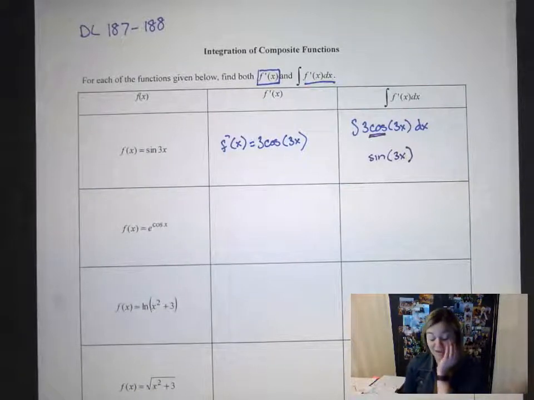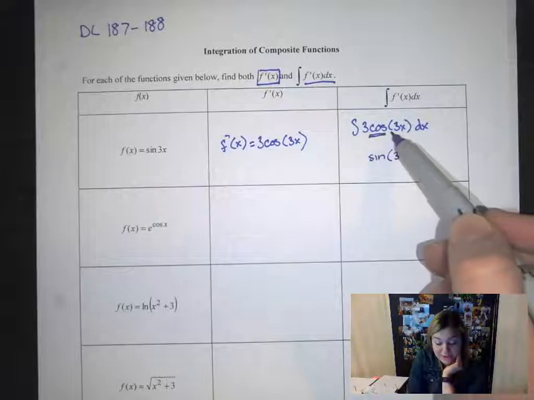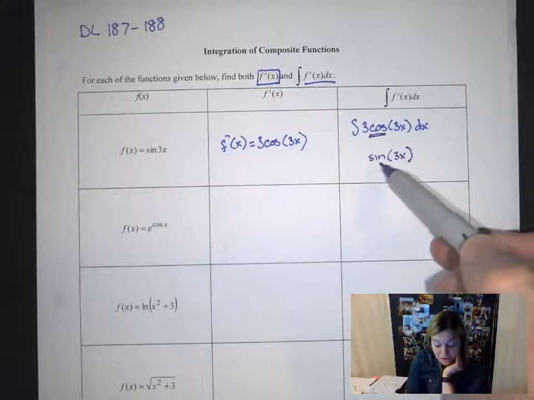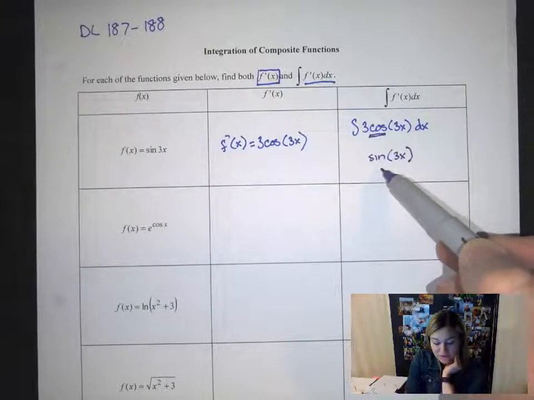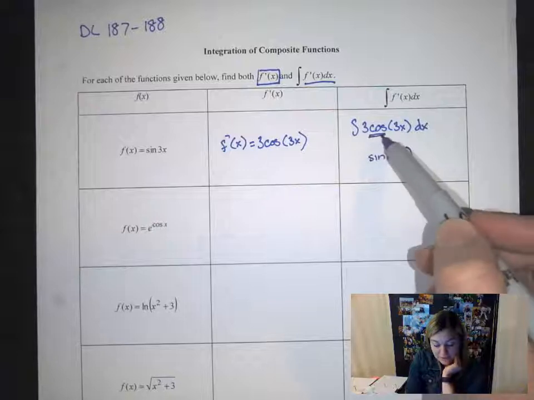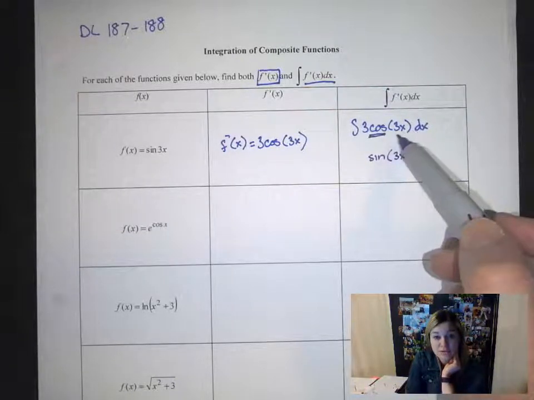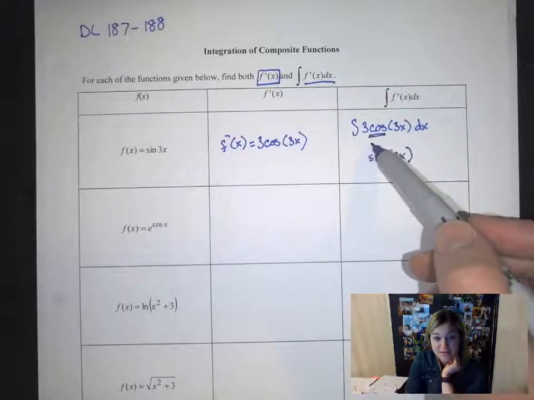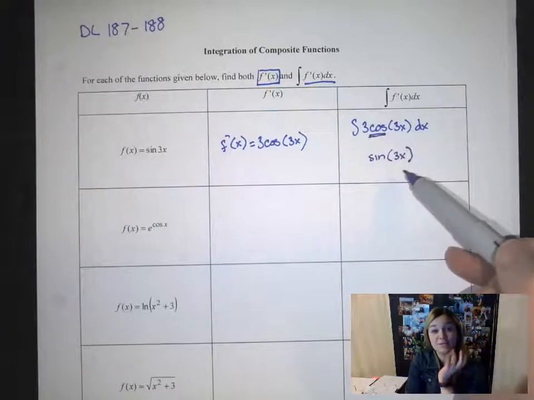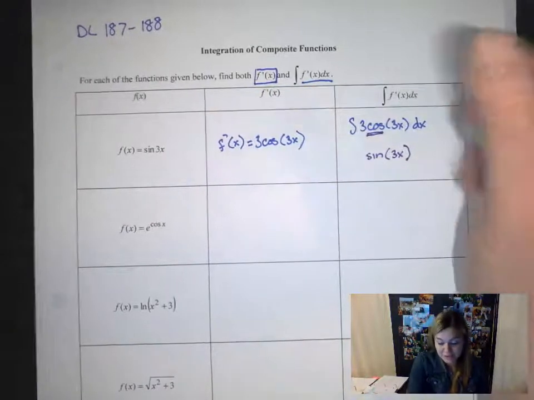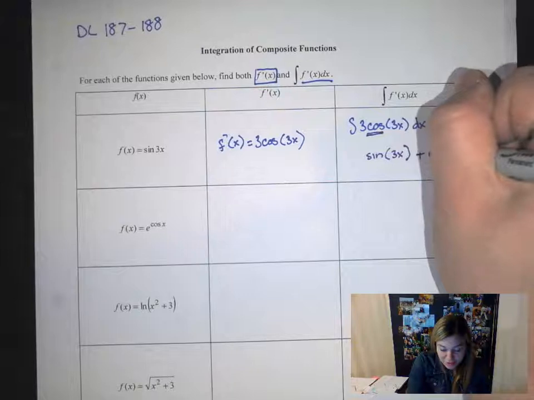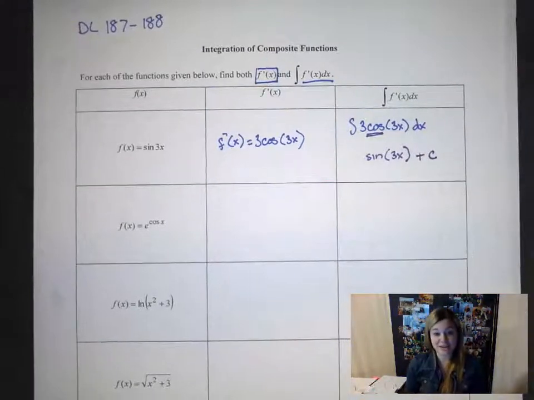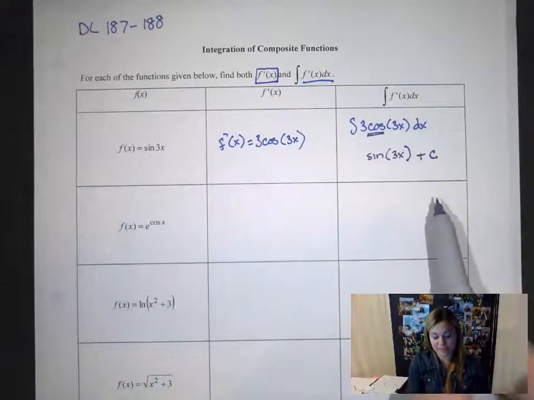And then we have to think, okay, is there anything else I would have to do in order for this to be my derivative? Let's try it. The derivative of sine of 3x would be cosine, leave the inside alone, times the derivative of the inside. So this is it. I'm done with that part, except plus c, because this could have had a constant in the end. We know it didn't, but it could have.